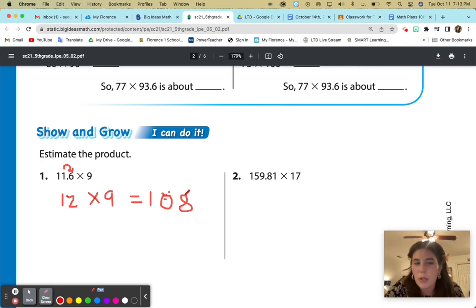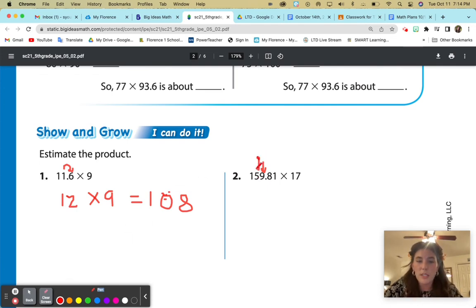Let's try number 2 to close us out, and then you're going to keep on going. Well, if I look at this, I'm going to round this. On my whole number side, instead of rounding to the nearest whole number here in the ones place, I'm going to round all the way to the tens place. Or if I wanted to, I could round to the hundreds place, but I'm going to round to the tens place here.